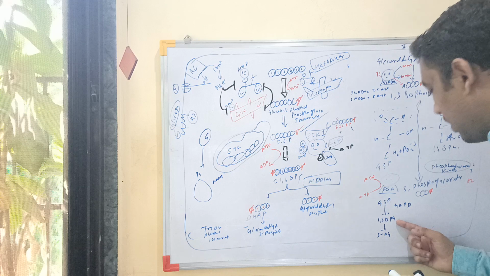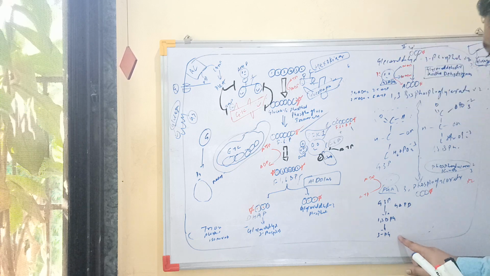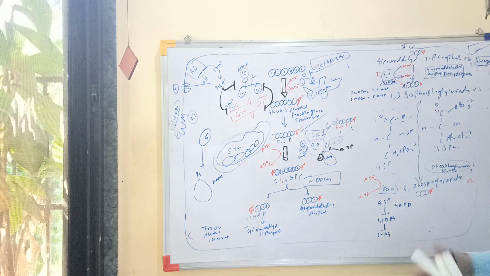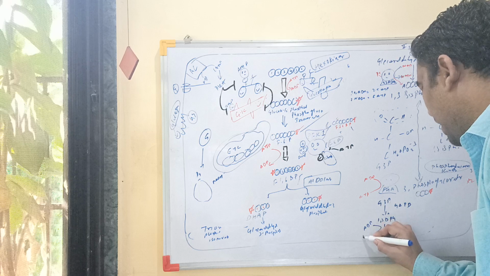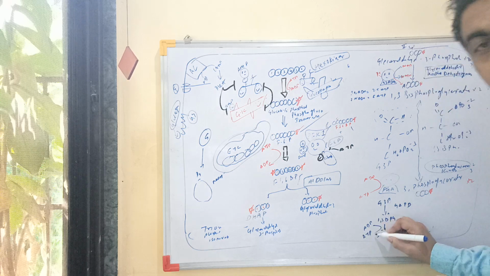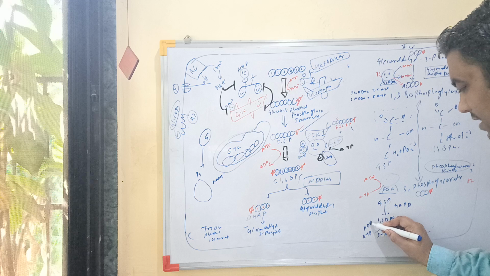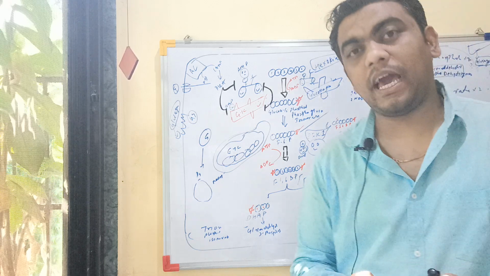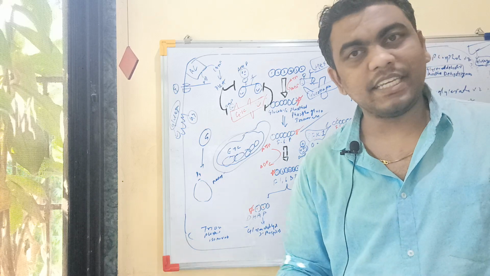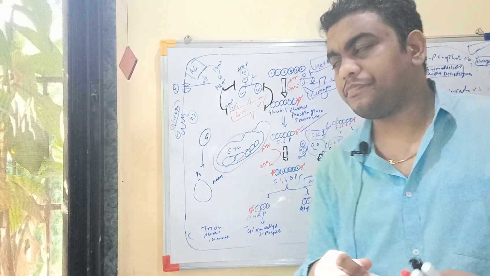And when this is converted into 3-phosphoglycerate, here where ADP was converted into ATP, that conversion of ADP to ATP will not happen, because there is no phosphate there, there is arsenate, and arsenate can do nothing with ADP.